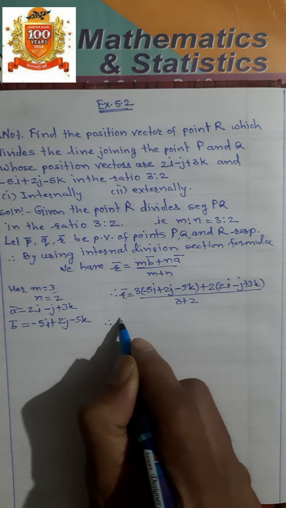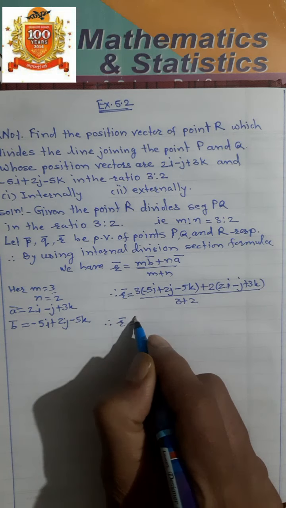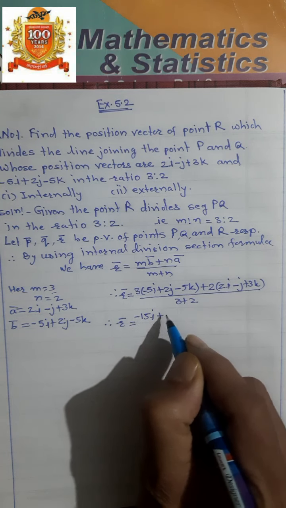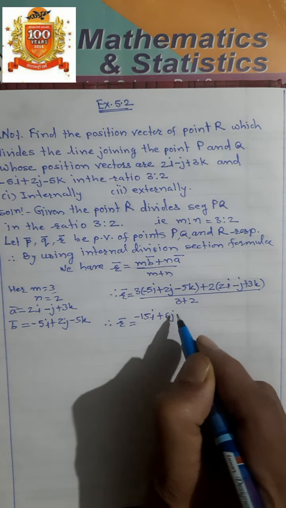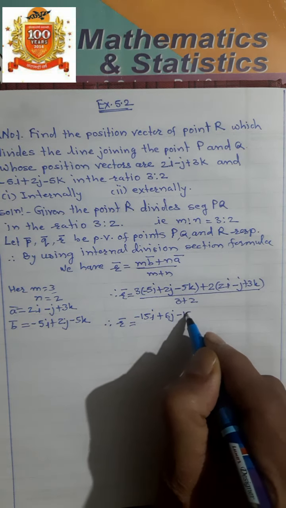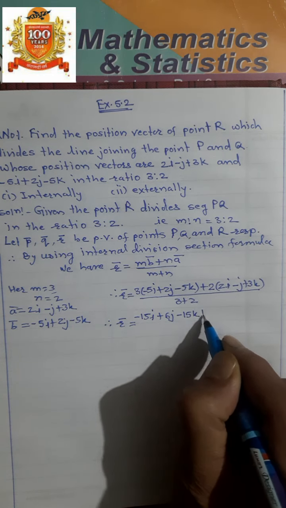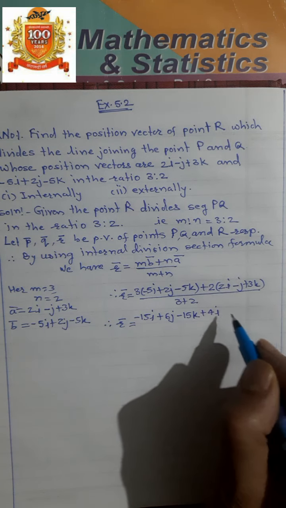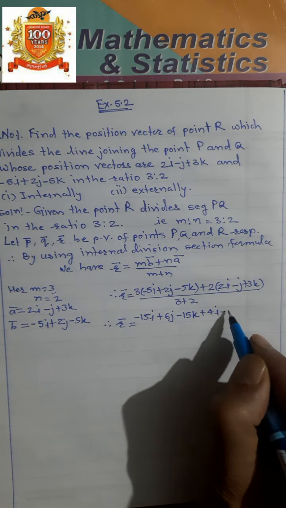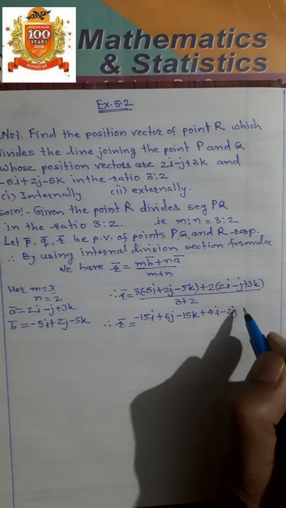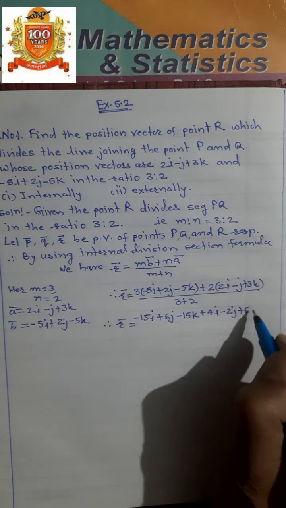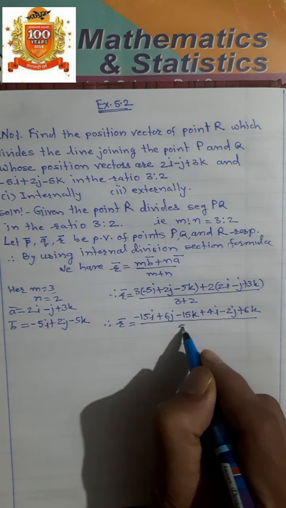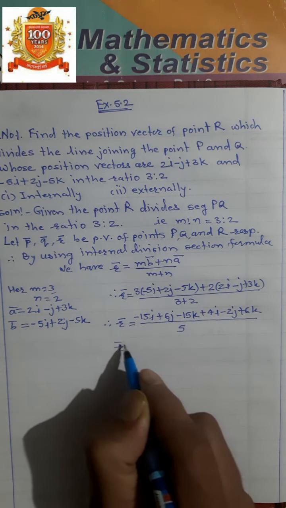Therefore, R bar is equal to minus 15i plus 6j minus 15k plus 4i minus 2j plus 6k, divided by 5.